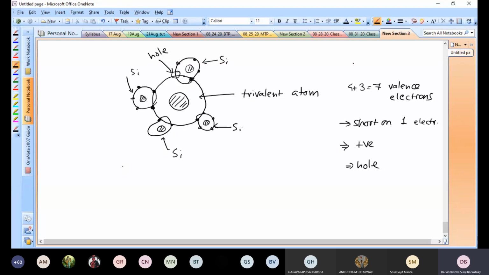So this is basically an impurity that creates a hole by accepting some electrons from the silicon atoms and having room for 1 extra electron. So these are in a position to accept another electron from somewhere else. This is why these are called acceptor impurities.